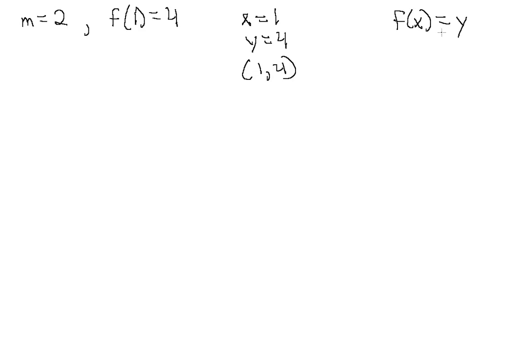So slope-intercept form again is y equals mx plus b. So let's say slope-intercept form is f of x equals mx plus b. Okay, this is the functional notation of a slope-intercept form of a line. So let's go ahead and plug in what we know, and we know that we need a y-intercept. We need to solve for b.